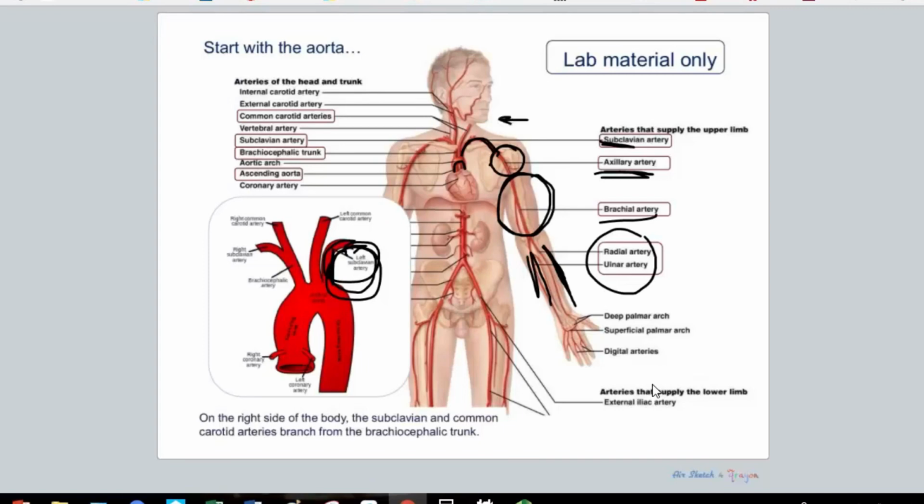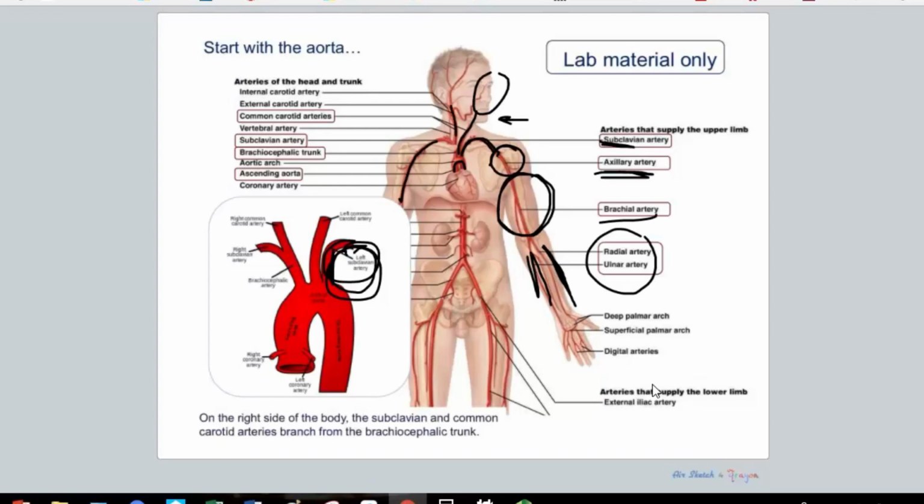The next branch in is the left common carotid artery. So there's the left common carotid that's going to feed the head. Now the same thing is going on the right-hand side here. This is the right subclavian, right axillary, right brachial, right common carotid artery.